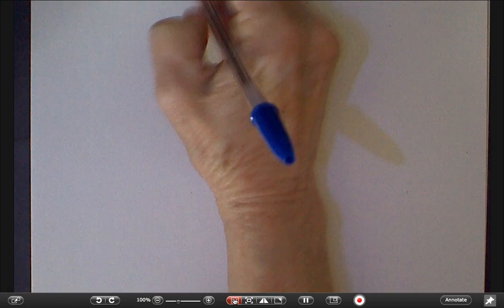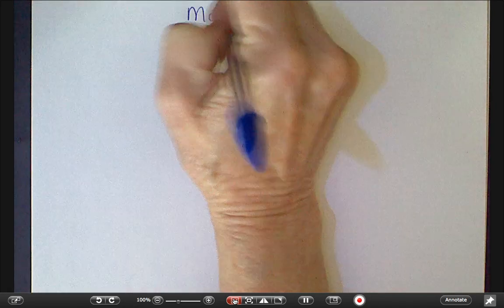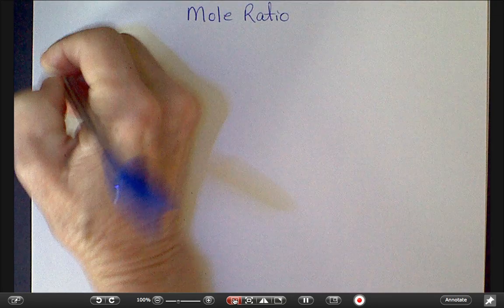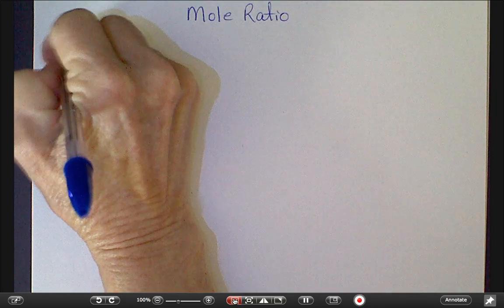Mole ratio. Here we go. This little section's called the mole ratio. Definition.